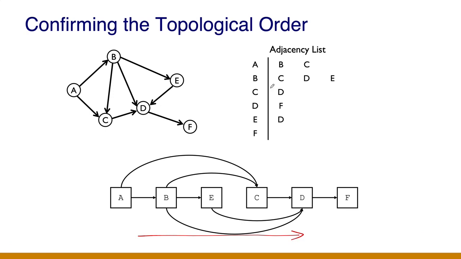You essentially just work down the adjacency list to make sure that everything in the adjacency list is replotted down here, right? And then the only thing you have to check is whether or not all the edges are pointing forward. If that is the case, then you are good, right? You don't have to do anything. Okay, so this is the topological sorting process.